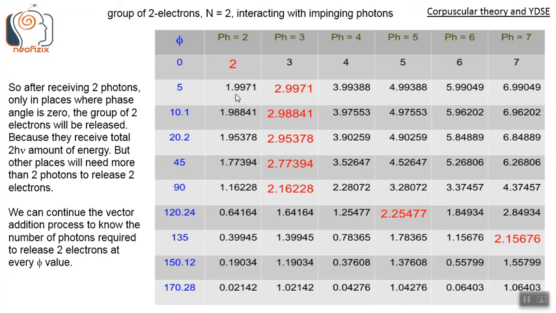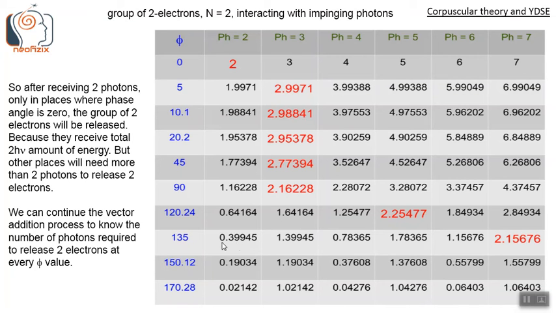But in other places we need more than 2 photons to release the electrons. For example, after receiving 2 photons at phi equals 0, it has received the whole 2 h nu, but at 5 degrees it has received only 1.99 h nu. At 10.1 it has received only 1.988, and for example at 135 degrees it has received only 0.4 h nu. Of the total 2 h nu energy falling on that place, only 0.399 has been absorbed by the system at this place where the phase difference angle is 135.